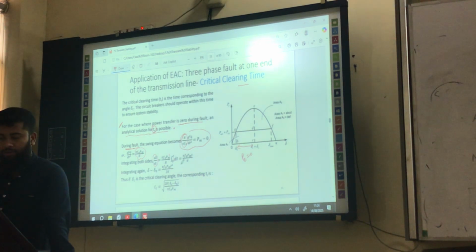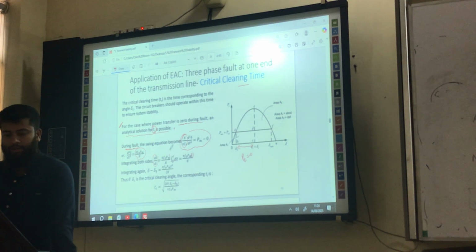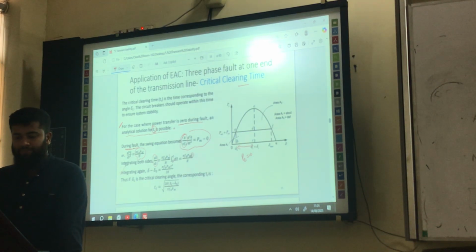So if you integrate it, you will get pi f naught Pm over H, and there will be t for this integration. Now integrate it again. So this single derivative will now be converted to delta minus delta naught, and here you will get t square.